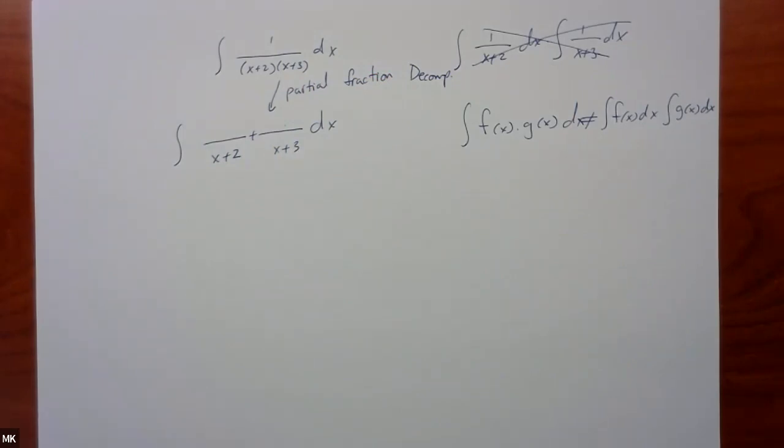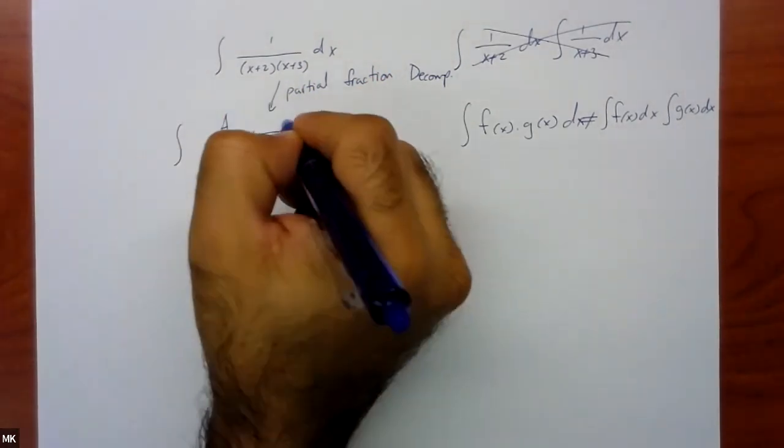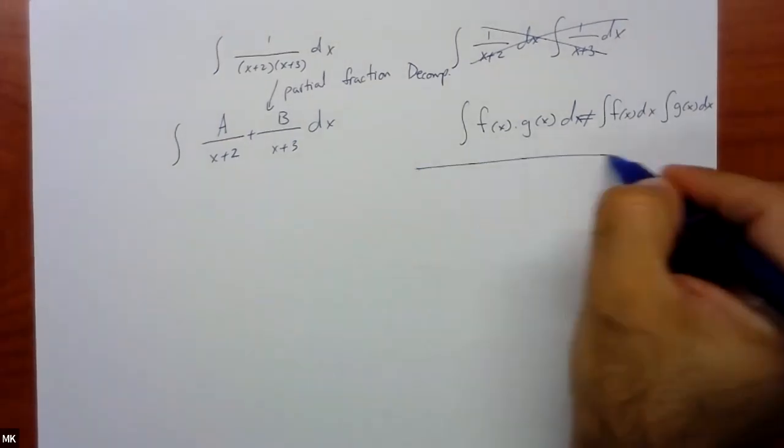Now, the process is a pretty methodical, pretty well-established process. And I'm going to explain to you guys different cases and how to do the partial fraction decomposition. But you're really trying to do something like this. This is the goal. This is the end result. And then, of course, for this, I know that the numerators will be A and B, just numbers. So let's do this on the side.